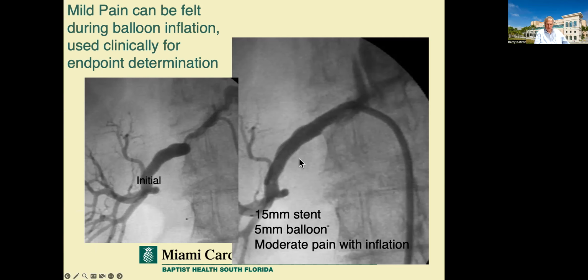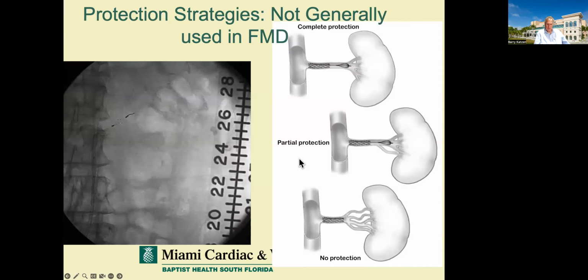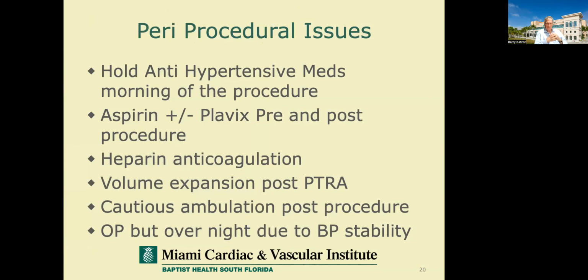And this is what it looks like after, in this particular case, with stenting and balloons. Just so you're aware, this is the placement of stents. They're used for refractory hardening of the arteries. This is an embolic protection device, which we don't really use very often in patients with FMD for a number of different reasons. But just in case you hear about it, that's what it looks like.